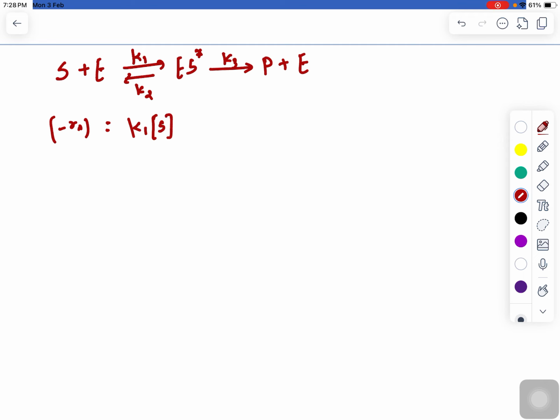So if I want to write minus rate of reaction in terms of substrate, I can write k1 concentration of S into concentration of enzyme minus, obviously, k2 concentration of ES star, the enzyme substrate complex, and let's say this is my equation first.